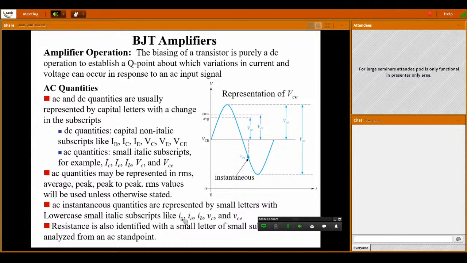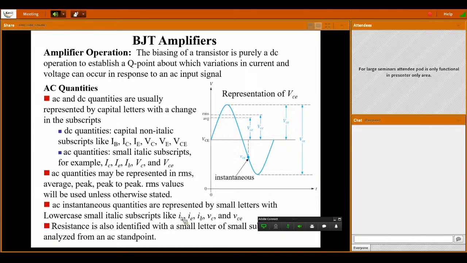Italic V with the subscript small c indicates the voltage at the collector terminal, and Vce represents the voltage from collector to emitter. In AC analysis, the quantities may be represented in RMS, average, or peak to peak. RMS values will be used unless otherwise stated.